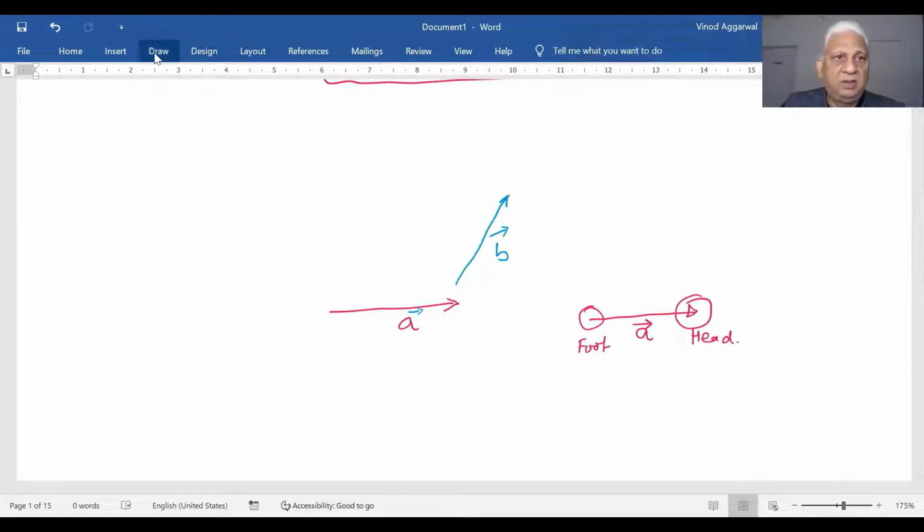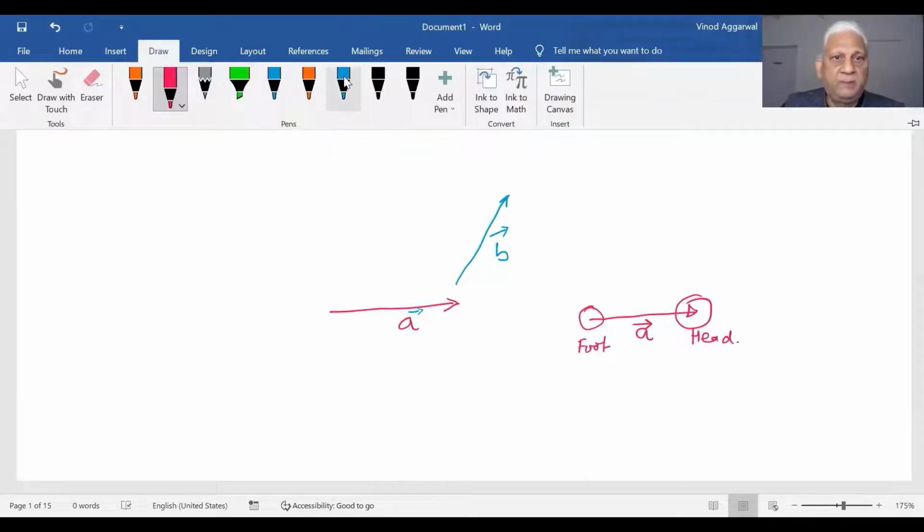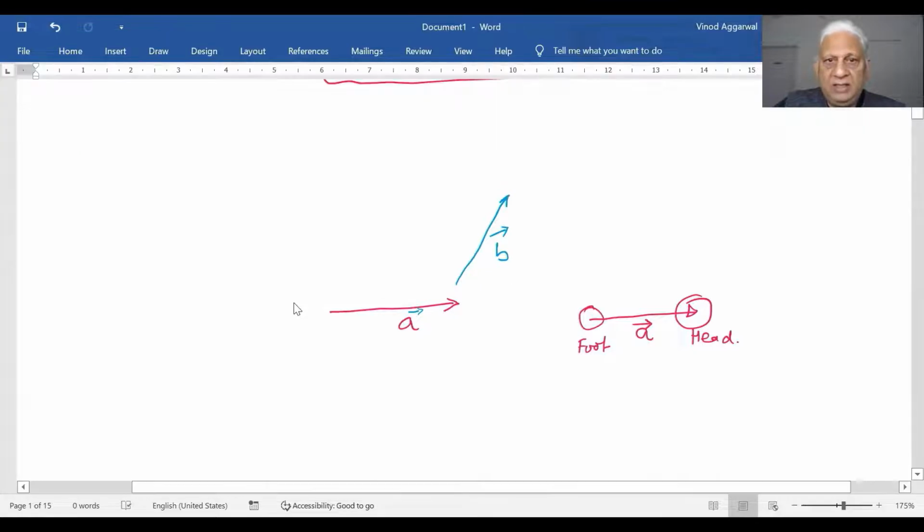Now to add another vector, what we do is we go to the head of the first vector, align the tail of the second vector and draw a parallel line with the magnitude same as this magnitude, or length should be same as this length.